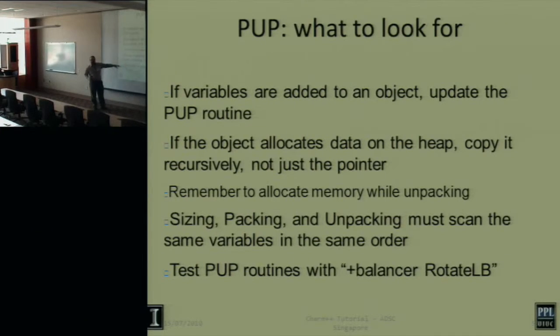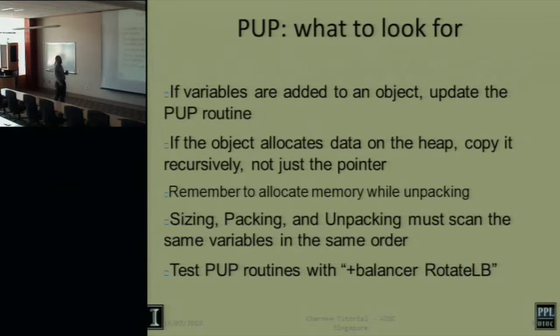And there's a nice, well, reasonably nice way to test whether or not your pup is valid. And that is to test your balancer using the RotateLB. Now, RotateLB literally just migrates your objects to the n+1 processor. And so it won't actually change your balance. But if your buffer is wrong, the odds of a seg fault become extremely large, because everybody will be moved.